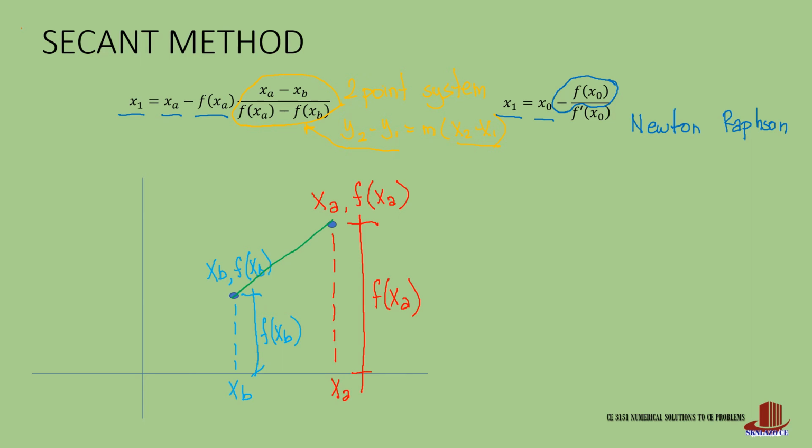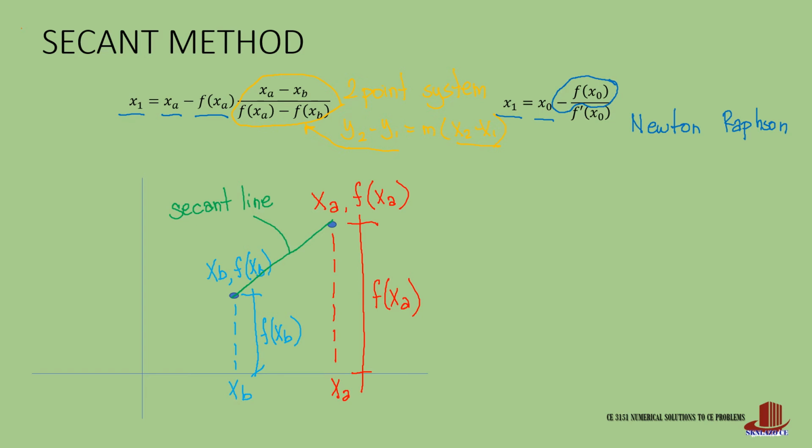The connecting line would be what we call our secant line. This is similar to our tangent line, although secant lines would need 2 points.